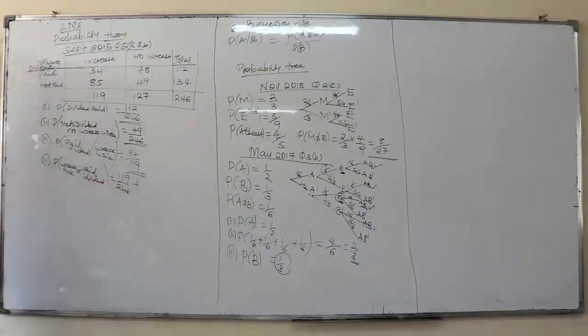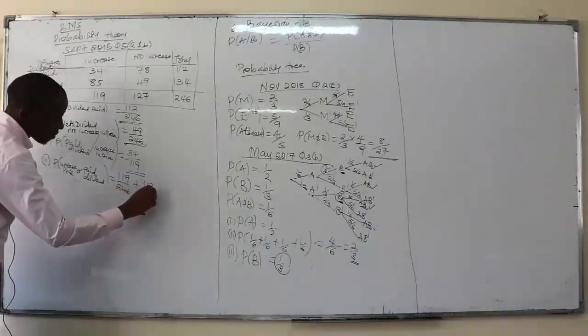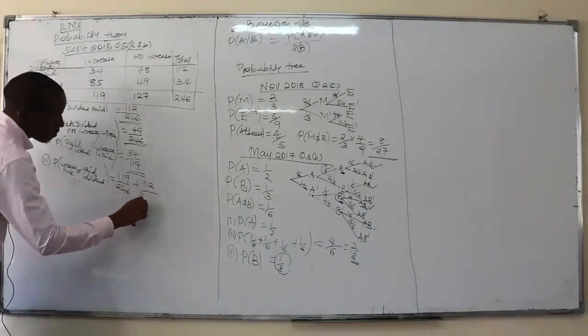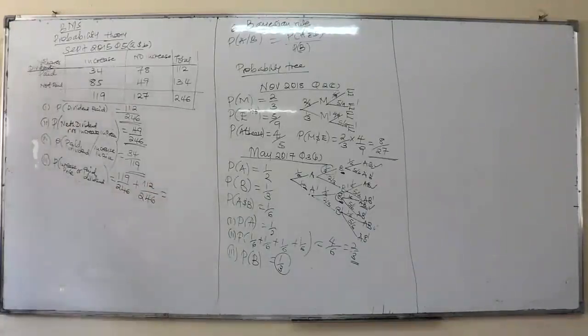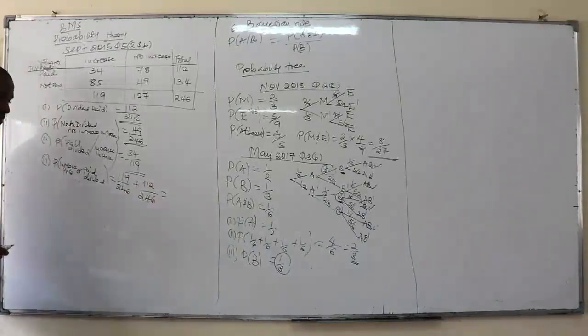And then the payment of dividend is 112 over 246.